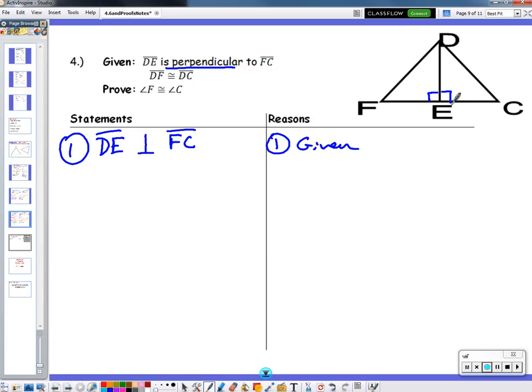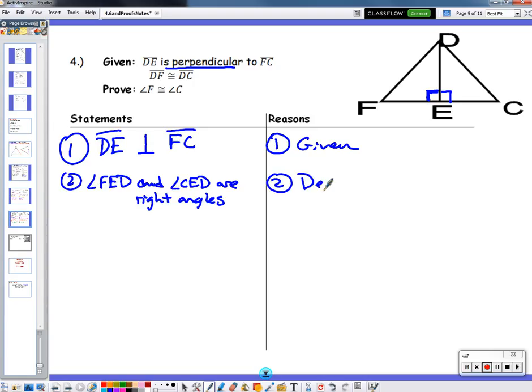So I can say in step 2, angle FED and angle CED are right angles. Definition of perpendicular lines.